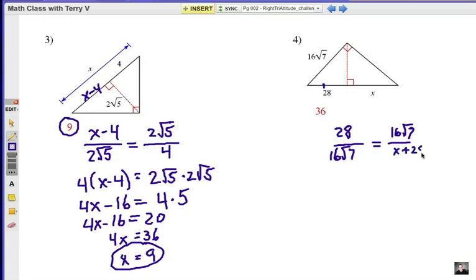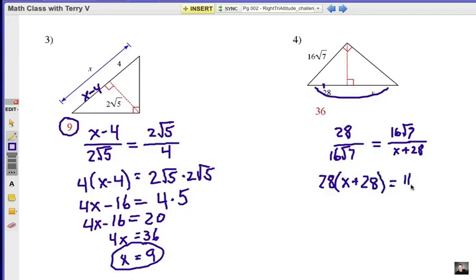Now, a mistake students make sometimes is just putting a 28 in one part and the x in the other part, but no, it has to be the entire hypotenuse. All right, now if we multiply it out, this is going to be 28 times x plus 28. Okay, cross multiplying there.